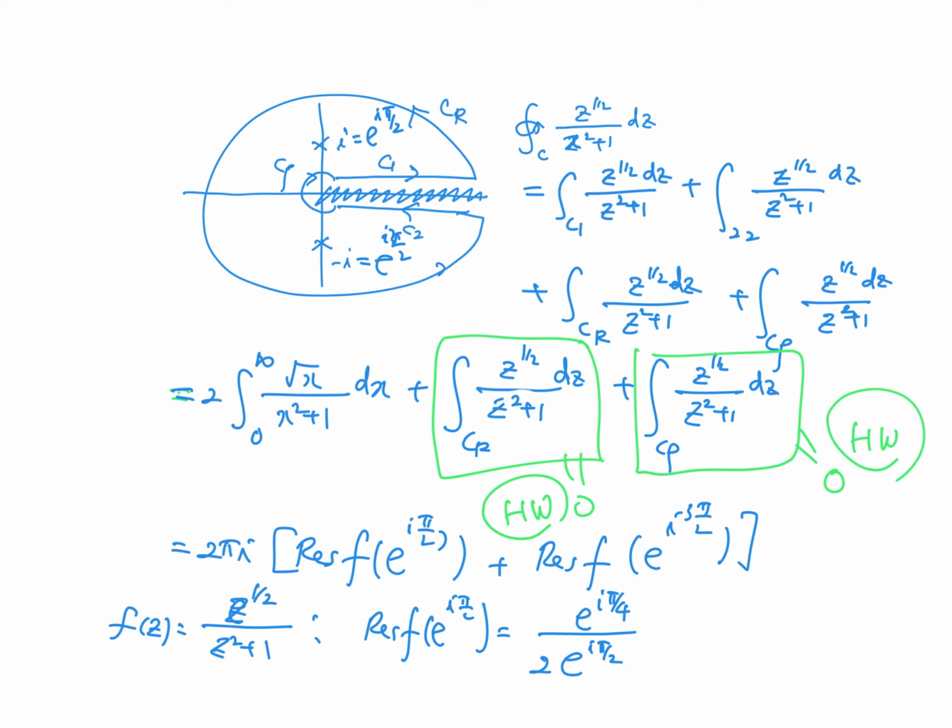It equals N(z) divided by D prime(z), the numerator z to the 1/2 over D prime. So D prime is 2z, right? So exponential I pi over 4, and this is I, so this is 1 over 2I times cosine pi over 4 plus I sine pi over 4, which is 1 over 2I times 1 over square root of 2 plus I over square root of 2.